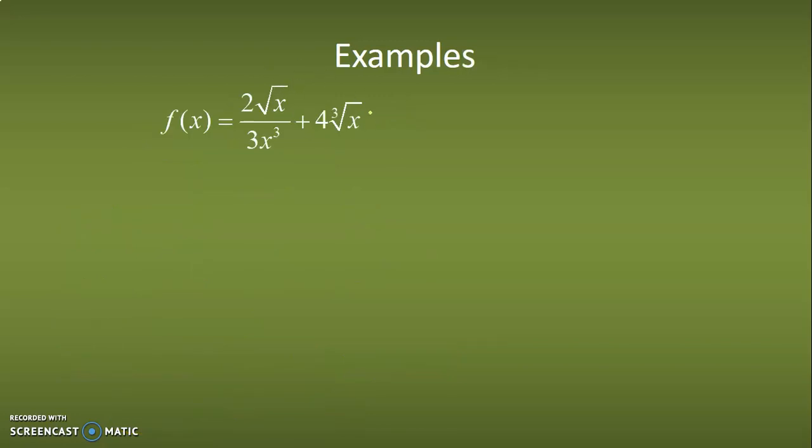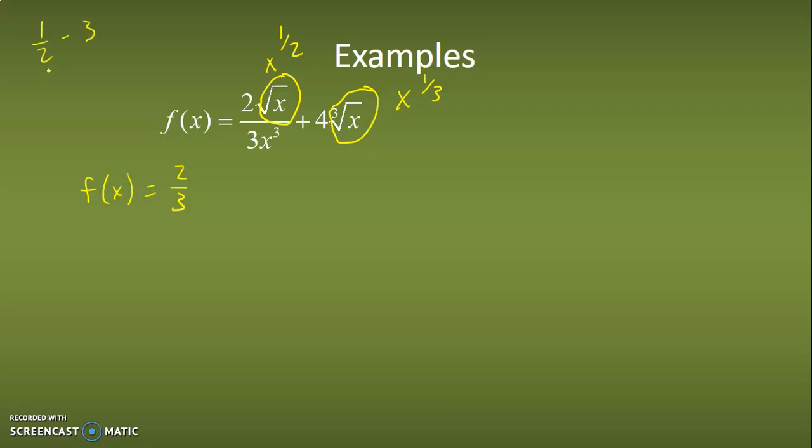If you have roots in your original problem, change them so that they are exponents. So for example, the square root of x is really just x to the 1/2. The cube root of x is really x to the 1/3. So before I try to take the derivative, I need to simplify this. So 2/3, if I have x to the 1/2 over x to the 3rd, I need to subtract.